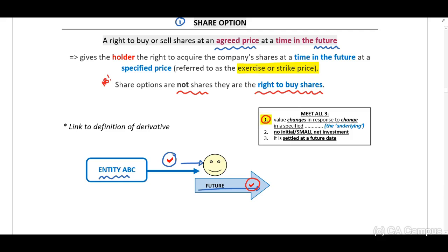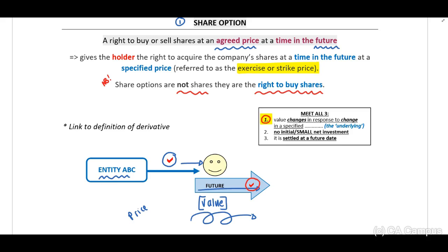Now, when we look at characteristic number 1, you need to identify that the value of this right will change due to the change in our prices. However, guys, the value of the exercise or strike price is an agreed price. That is important. It's an agreed price.